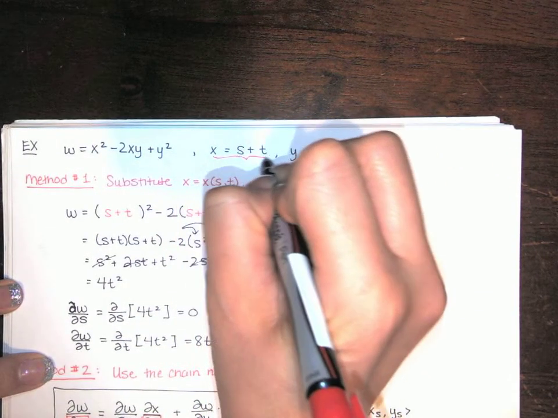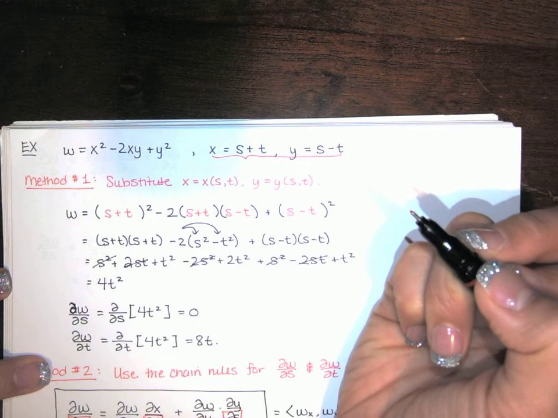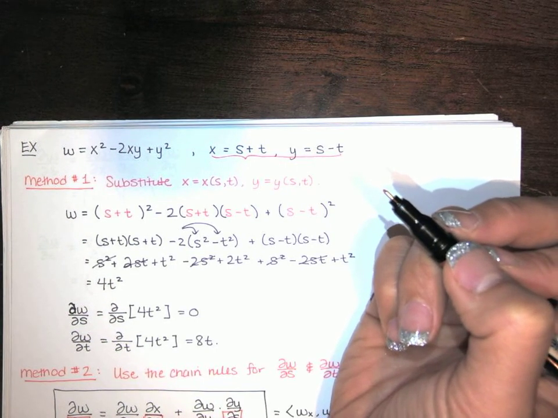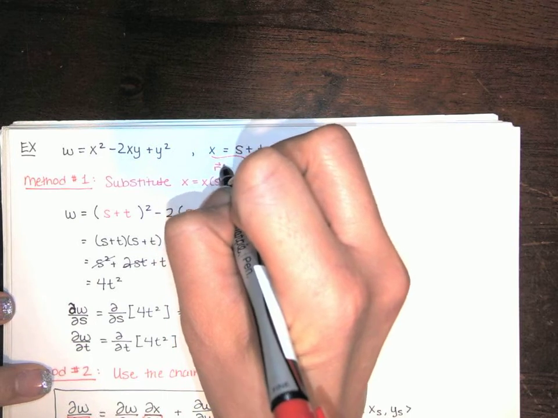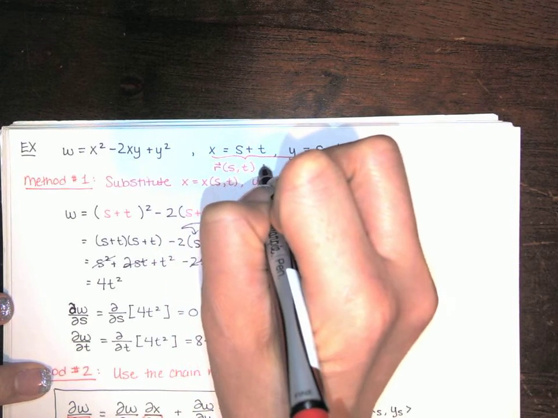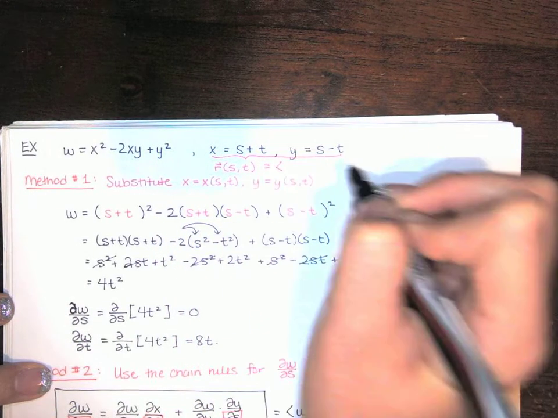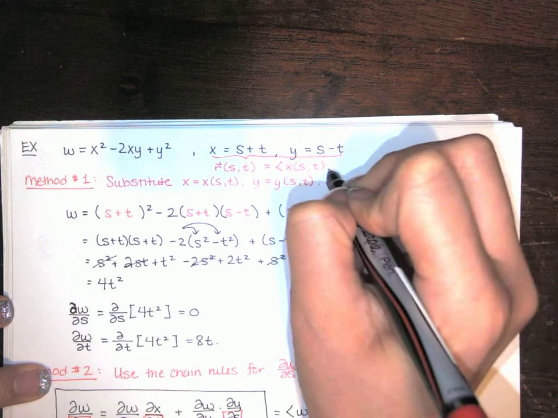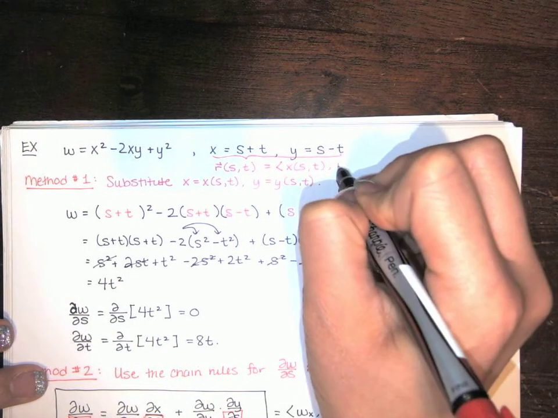another vector-valued function. In the previous chapter, we studied vector-valued functions of t. Those give us space curves. This is a vector-valued function of s and t. Now, most of the time, this won't give us a curve. It's actually going to give us a surface. You're like, what?